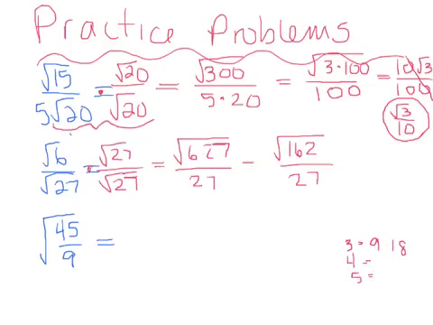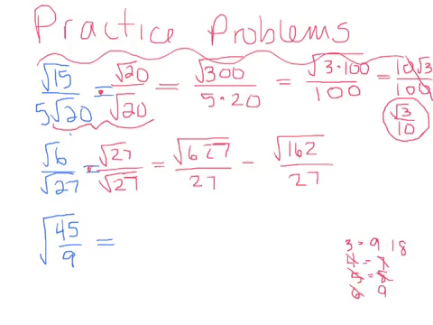I checked the 5, divided it by 25. Let's check 6. 162 divide by 36. Doesn't work. Check 7, which is 49. Nope. Check 8, which is 64. Nope. Check 9, which is 81. It worked.